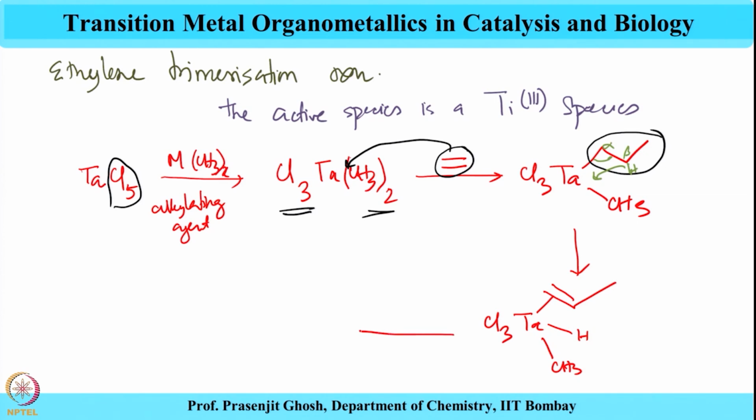Now, this ethylene bound tantalum hydride species undergoes a reductive elimination, as is shown over here, to eliminate methane as well as propene, to generate the active species, which is a tantalum trichloride.